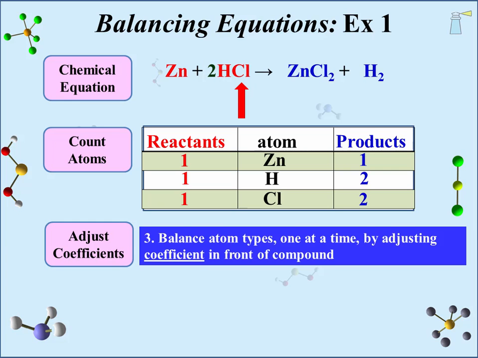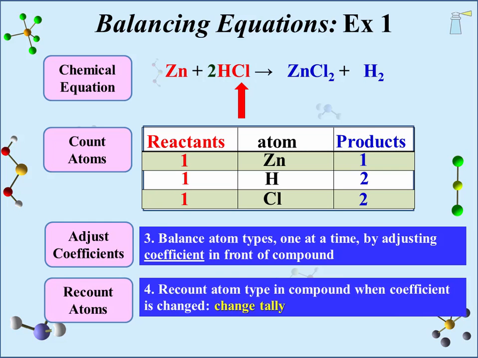If the coefficient in front of a compound is changed, there is a need to recount the atom types in that compound. A recount is only needed for atom types in that compound on that side of the reaction. The recount should only reflect the change in atoms due to the change in the coefficient. There are now 2 HCl's.